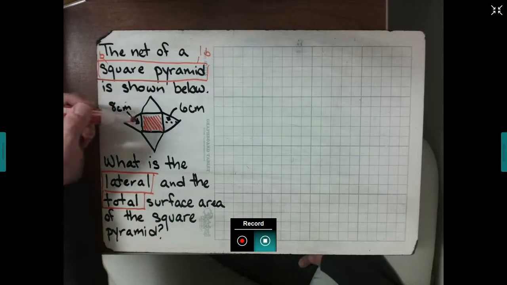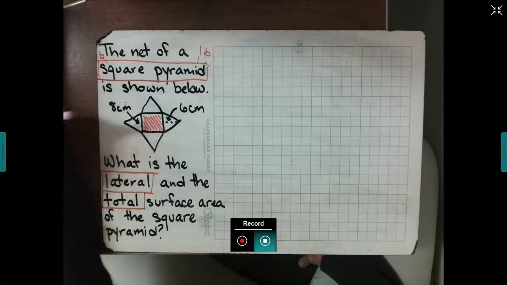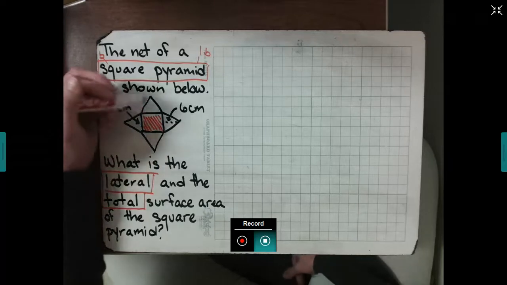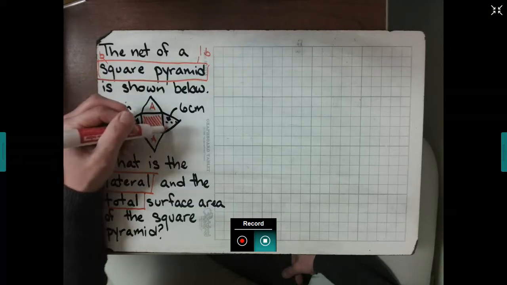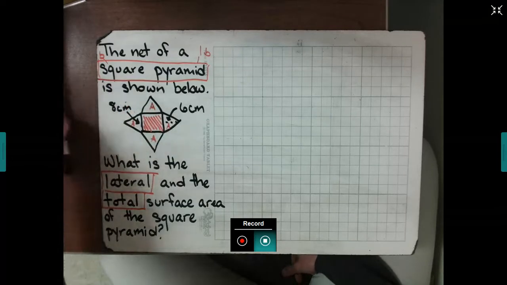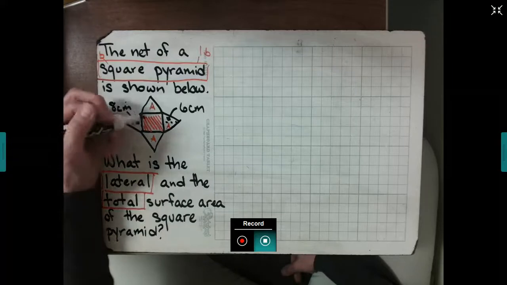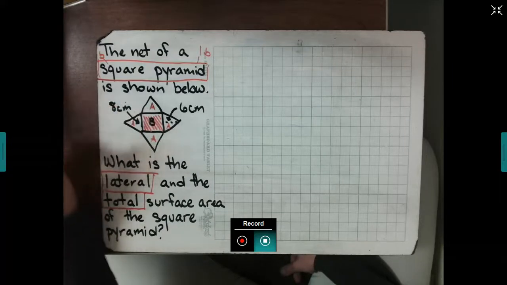I noticed that all 4 of these triangles are identical. They're congruent. They have the same base of 8 centimeters and the same height of 6 centimeters. So I'm going to label them the same, A, and then the base is the only different shape, so I'm going to label that V.